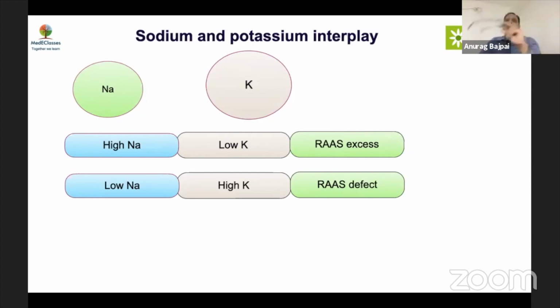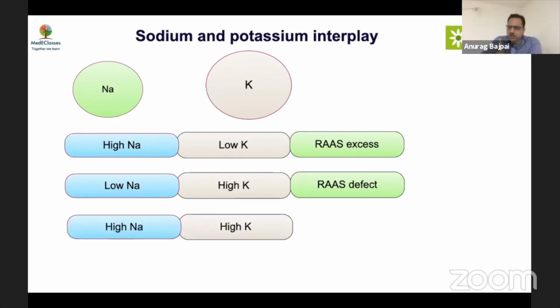A combined glucocorticoid and mineralocorticoid deficiency will cause severe hyponatremia. So if your sodium levels are around 100 to 110, you have lost both glucocorticoid and mineralocorticoid. If your potassium is above 10 or 11 and sodium is 120, this is a mineralocorticoid problem. And if your sodium is low and potassium is normal, this is a central problem of cortisol in that situation.